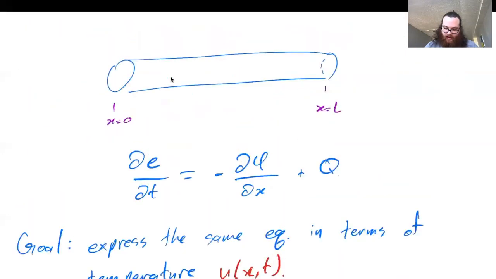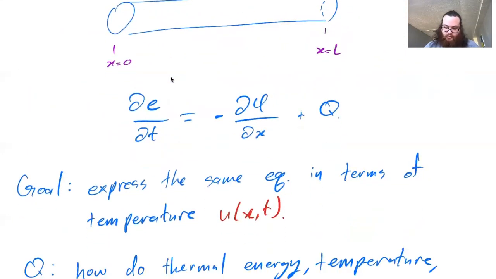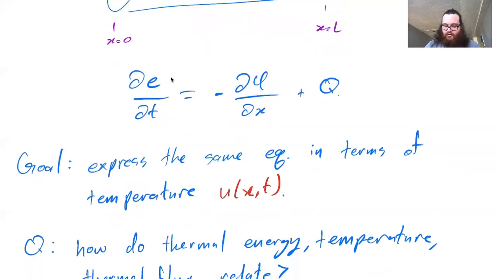Now what we can do is go back up to our original differential equation relating thermal energy density to flux and source.